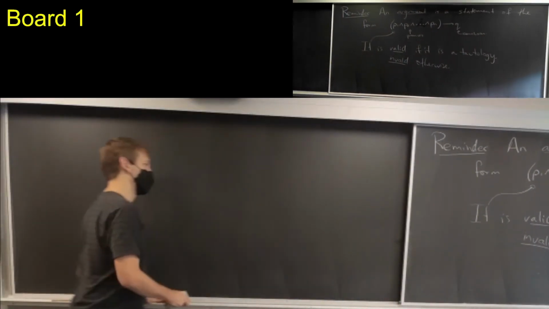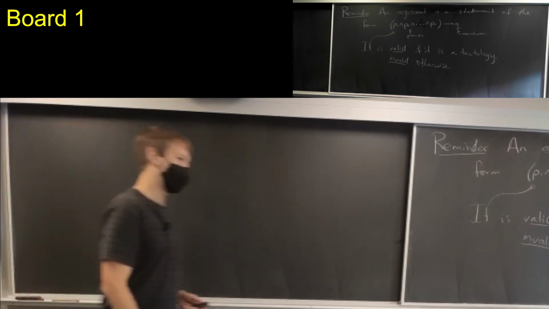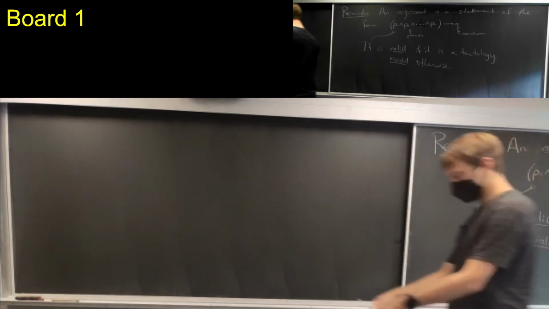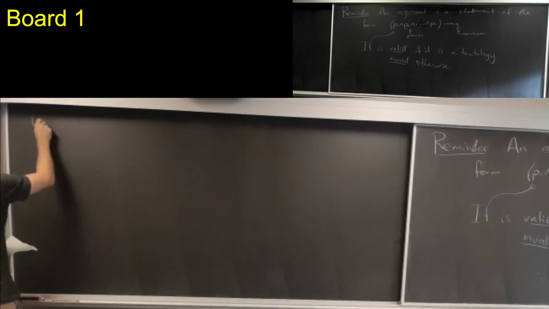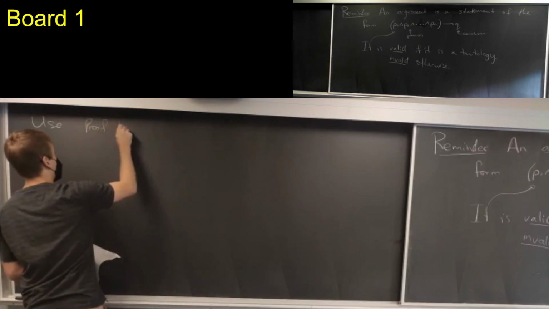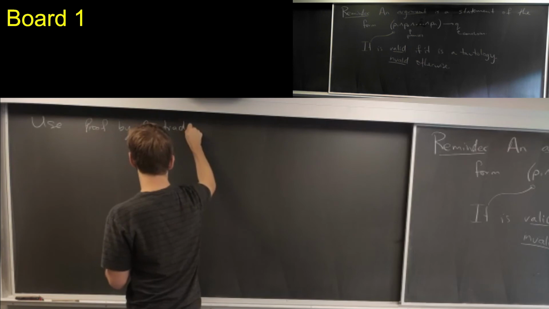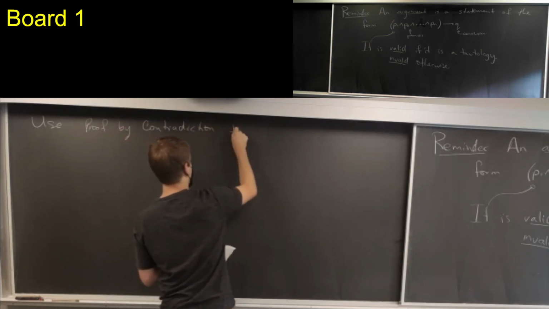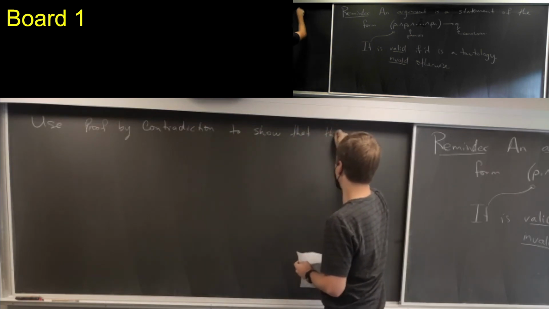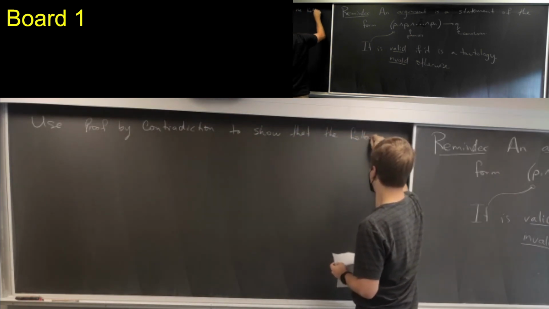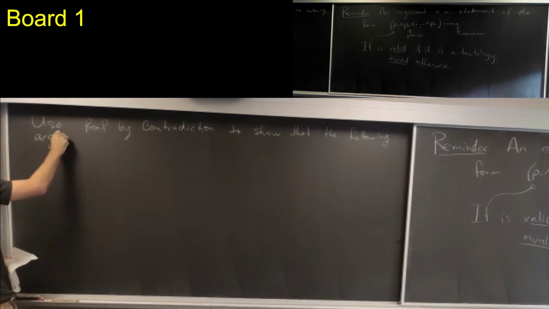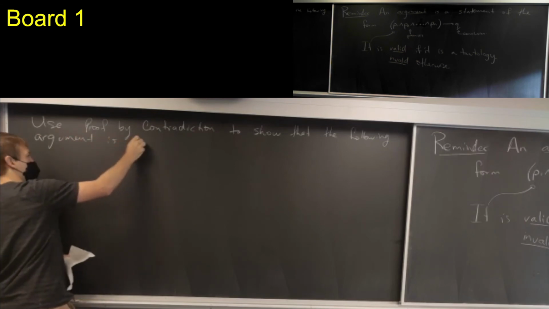Let's say the question could say: use proof by contradiction to show that the following argument is valid.